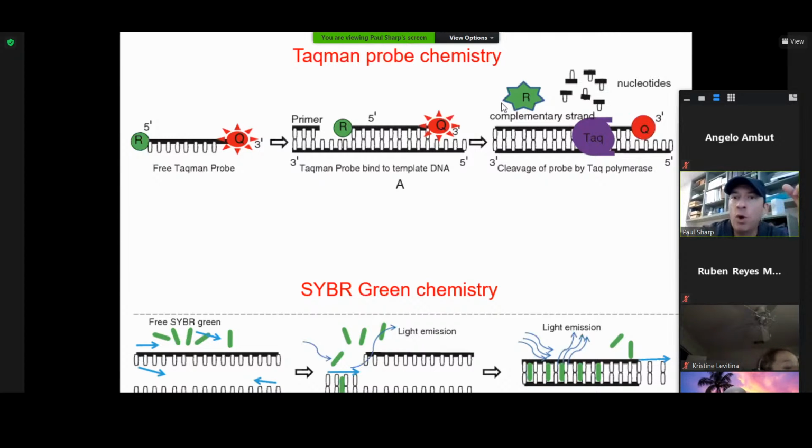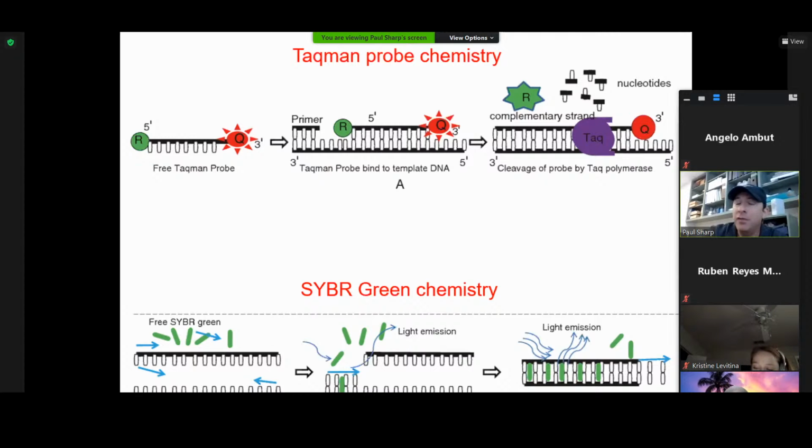So this fluorescence that you see from the reporter is basically a proxy for how much PCR product you have. Okay, that's what it is. So it's basically a proxy for the amount of PCR you have.